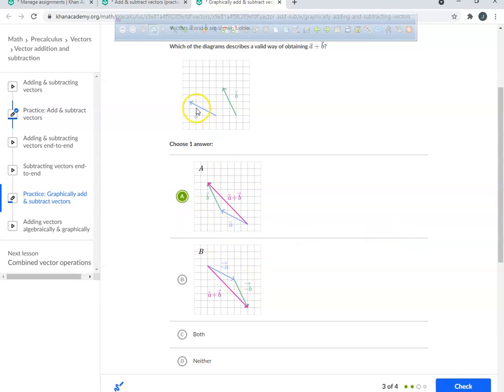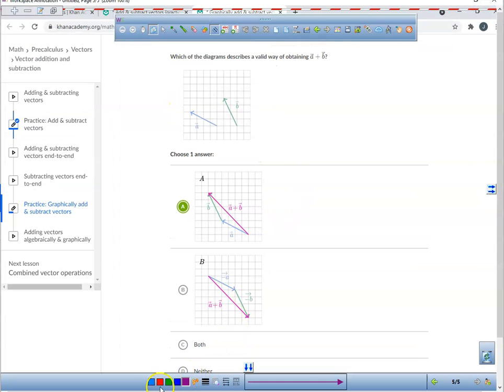Look at the magnitude. Would you guys agree that the opposite of vector A would be going down 2 and over 4? That's negative vector A, right? So that's negative vector A right there. What about negative vector B? That would go down 4, over 2.